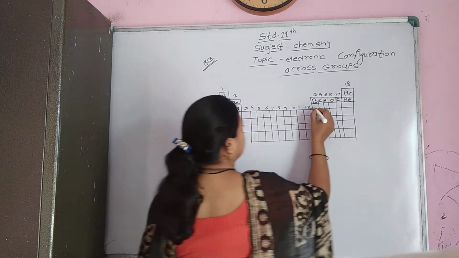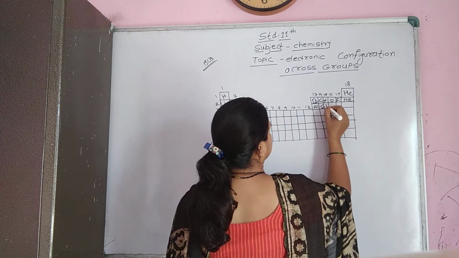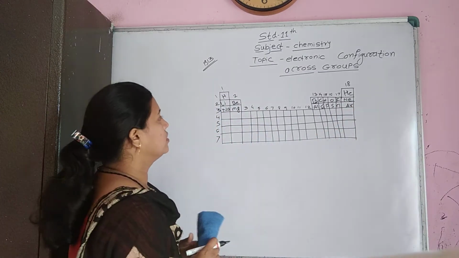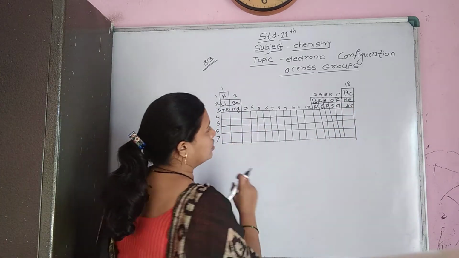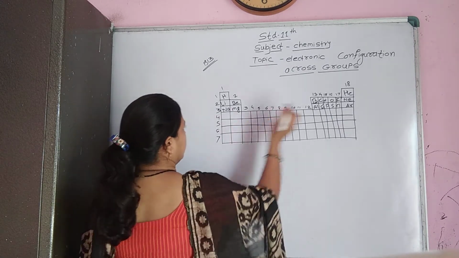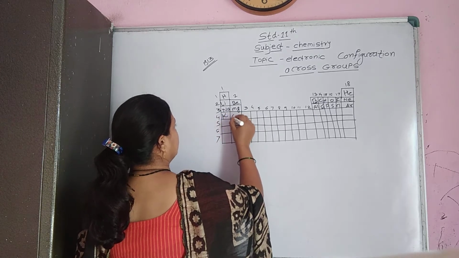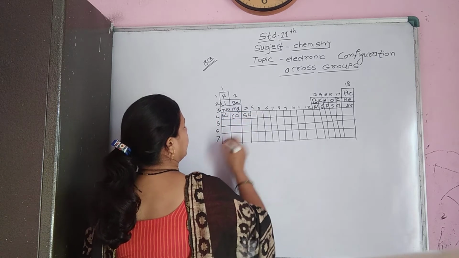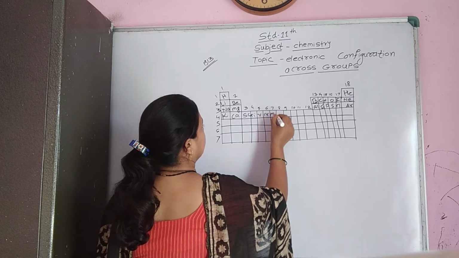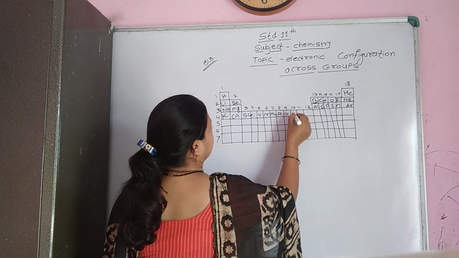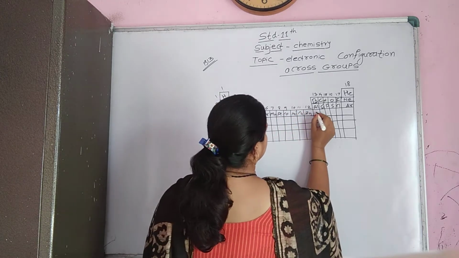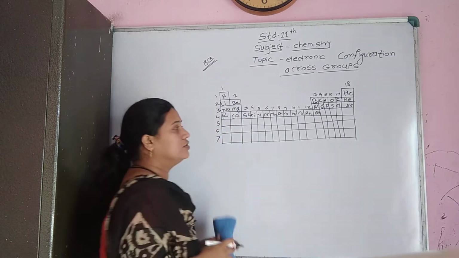We are not writing all the elements, we are just writing the starting elements in order to understand the electronic configuration across the groups. After argon, the next element is potassium, then scandium, and finally zinc. After zinc, here is gallium and so on.